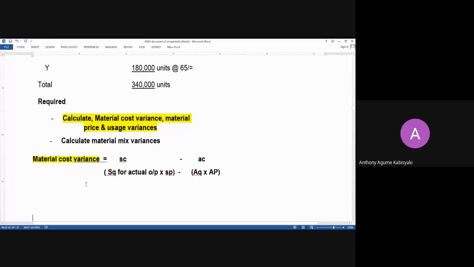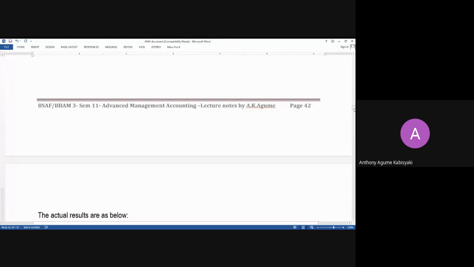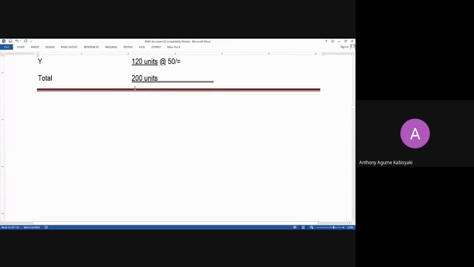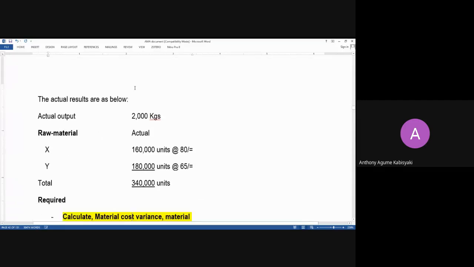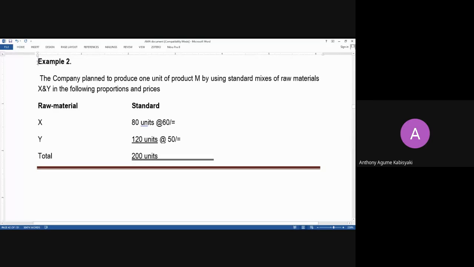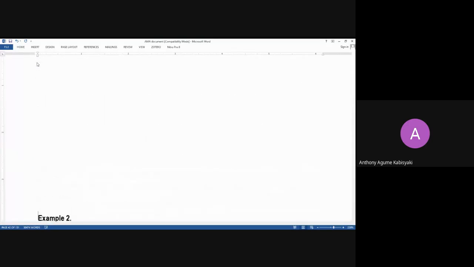So I have for X, and I also have for Y. Now the standard quantity for actual output for X, I will just come here. I don't know whether you are following. For X, because these are the actual results, and the standard results are here. You can just take this scenario to another page.